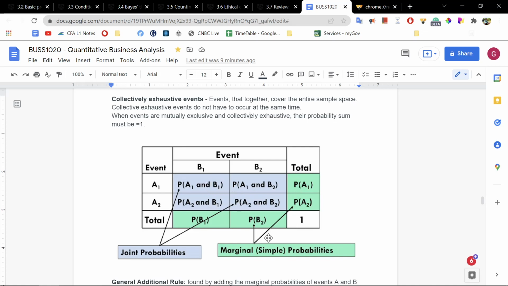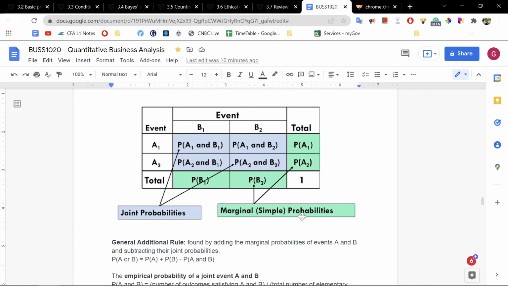Whereas these green cells right here are marginal, or simple probabilities, where there is only one event occurring. So P(A1), the probability of A1 occurring, is just one event. So are the probability of A2, B1, and B2. And once again, if we add these up together, we get the entire sample space of 1.